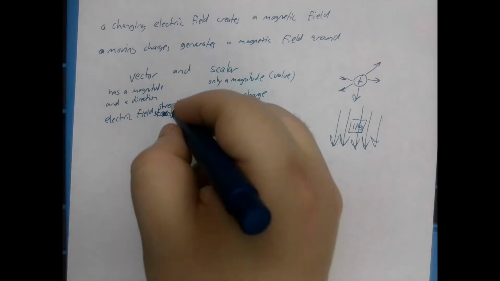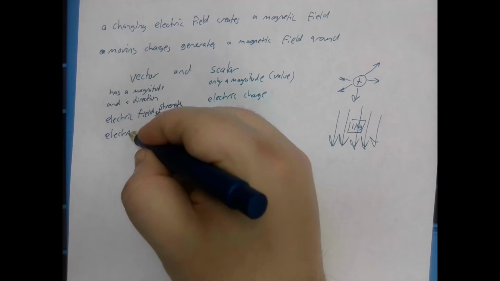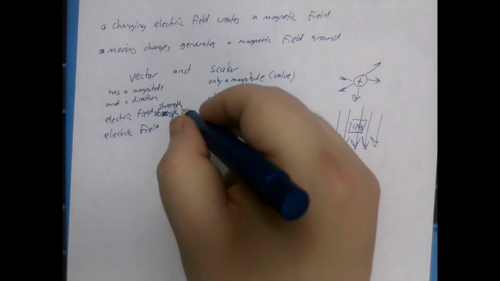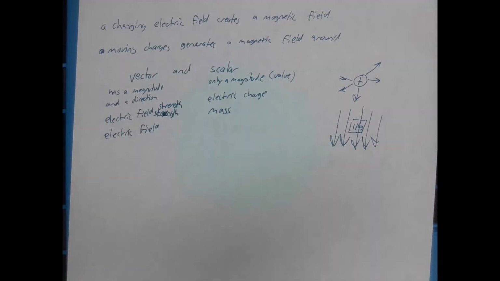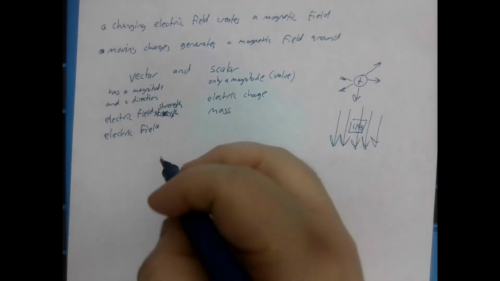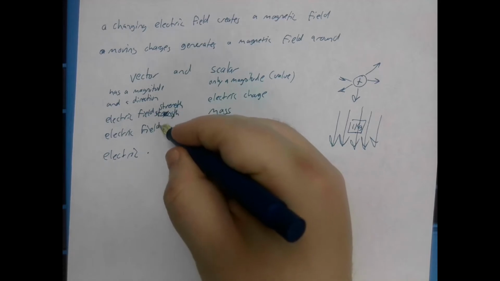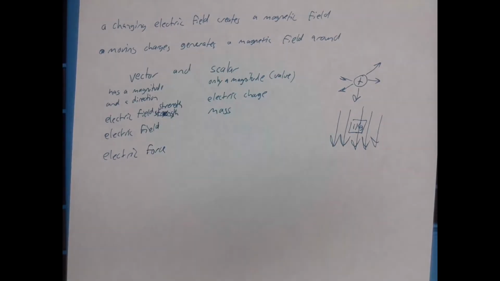Electrical field strength is like gravitational acceleration. These two are the same thing, so it'd be like the gravitational force on it.